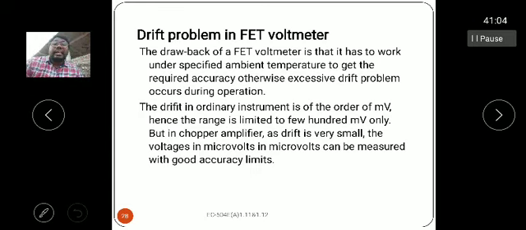The drift in ordinary instruments is of the order of millivolts, hence the range is limited to a few hundred millivolts only. But in the chopper amplifier, the drift is very small, so voltages in microvolts can be measured with good accuracy limits.